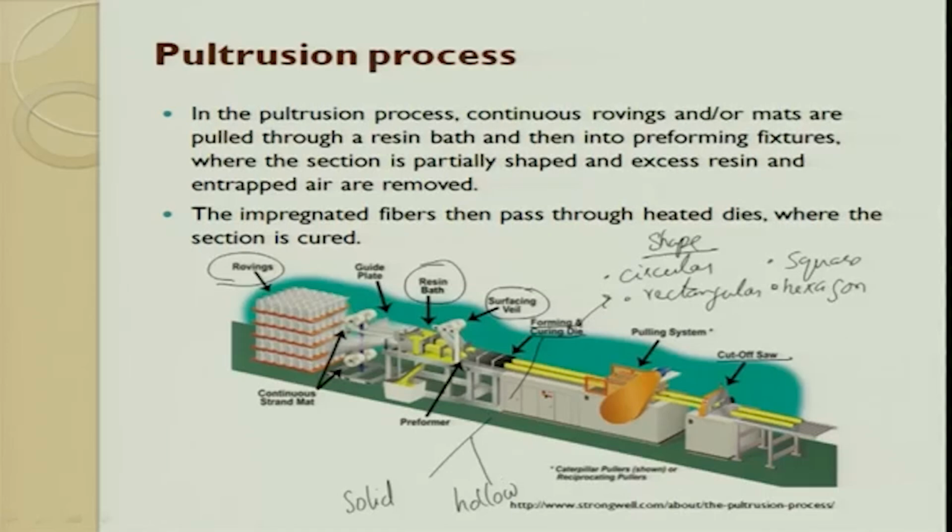So, here it is a pultrusion process with a continuous roving. Again, this roving can be a combination, it can be glass fiber or Kevlar fiber. So, you can choose, or it can be a mat, or a roving, which is pulled through the resin bath. This resin bath will have a thermoset, which can be epoxy, which is easy to work with.